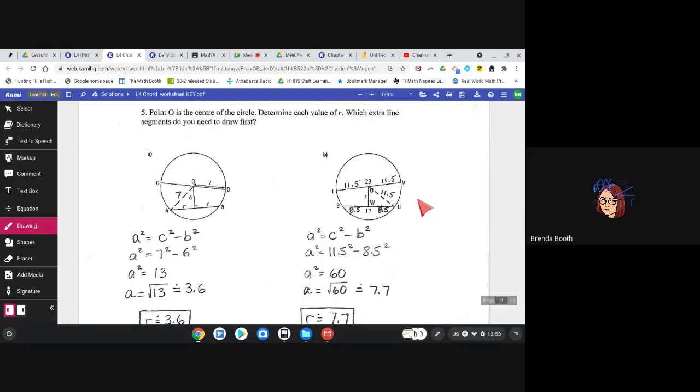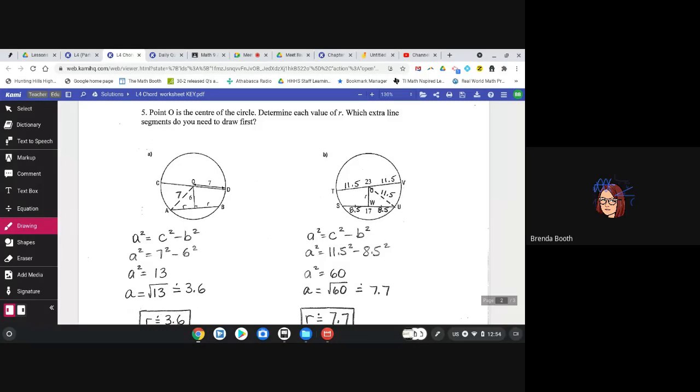Okay, now when we get to number 4, things get a little less obvious. So we're into the questions now where we have to make the right triangle ourselves. So remember, your strategy is that you can draw a radius on in order to make a right triangle if there isn't one. So that's kind of what happened here.